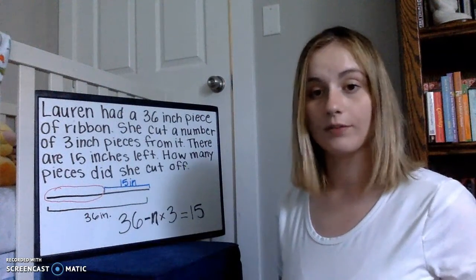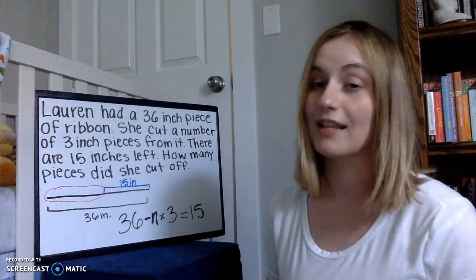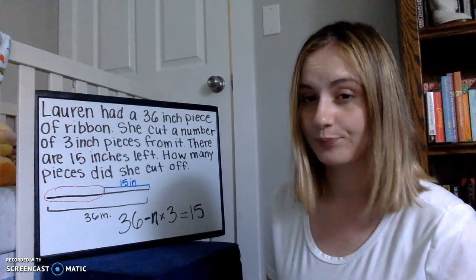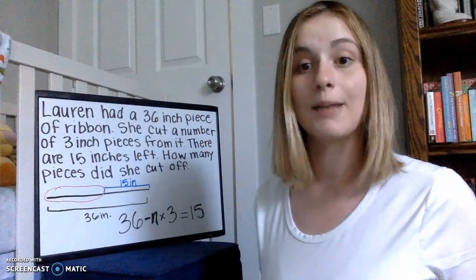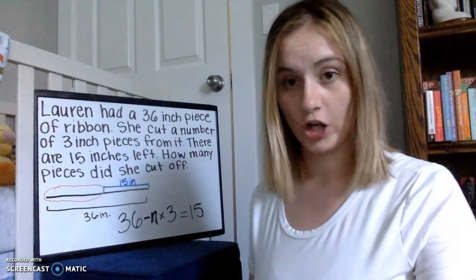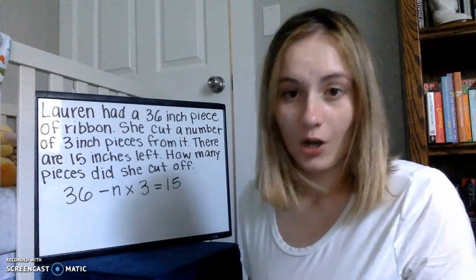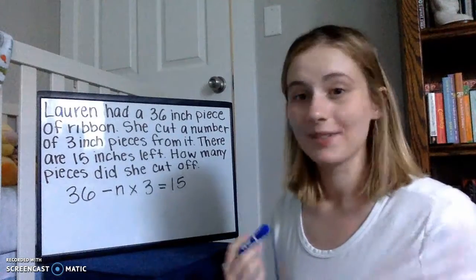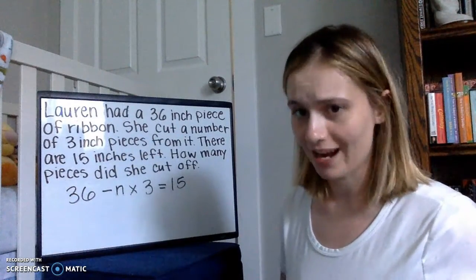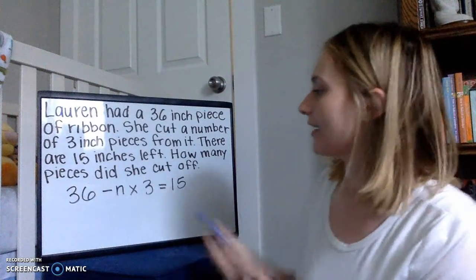Now I get to solve. This is where it gets tricky, so please try and stay with me here, okay? We are going to do some algebra. I'm going to erase my picture, and then I'm going to show you how to do this, okay? We can do it. Stick with me. Okay, let's solve. So basically, all I have to do is figure out 36 minus what equals 15.